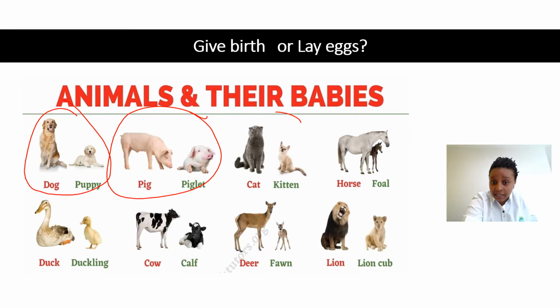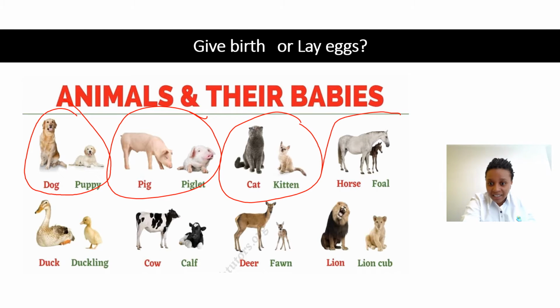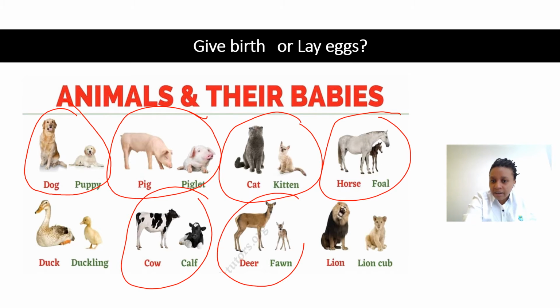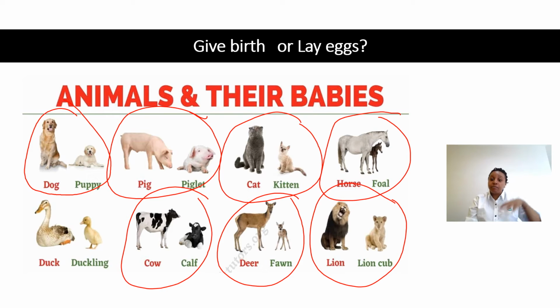A cat gives birth. A horse gives birth. Okay? A cow gives birth. A deer gives birth. A lion gives birth. So a lion gives birth to a cub. A dog gives birth to its puppies.